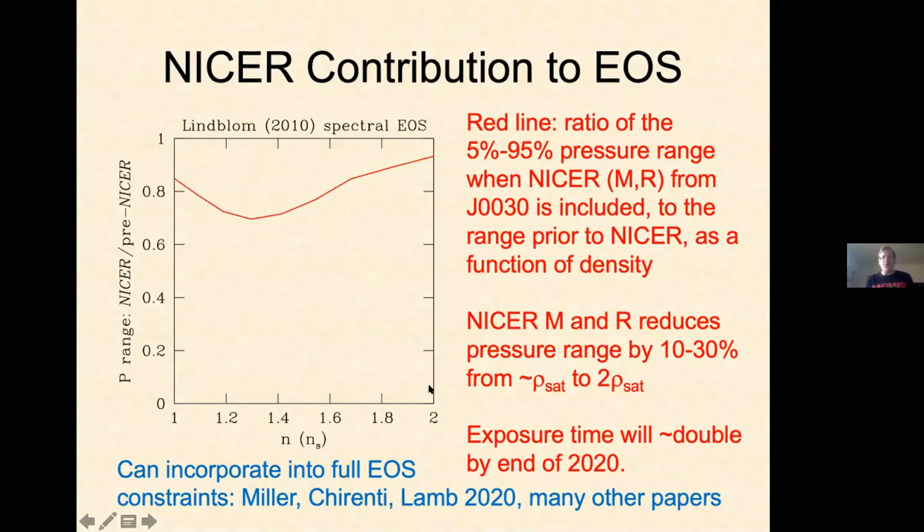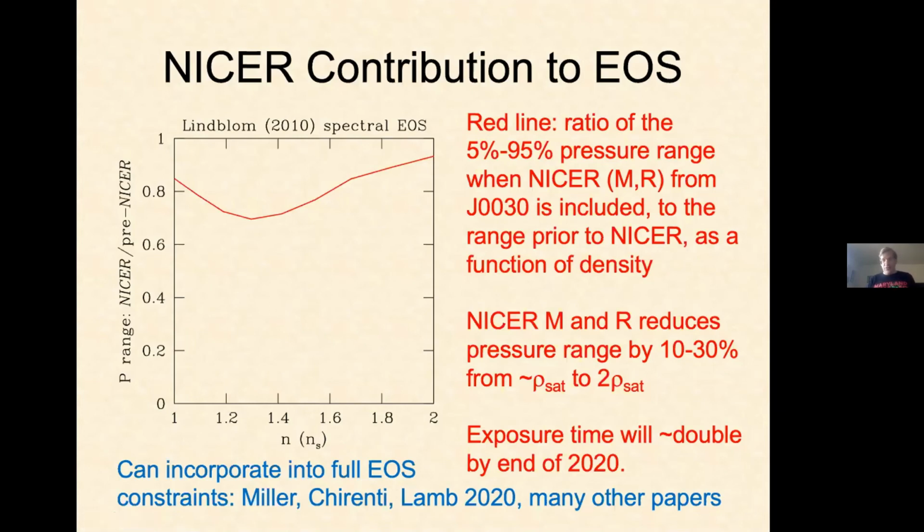We had information prior to the NICER measurements. We had the high mass neutron stars, we had the double neutron star event, and so on. Now we add the NICER observations, and what do we get? Well, what we're doing over this range is shrinking the middle 90% of the pressure range by somewhere between 10 and 30%. That's already a fairly good return.